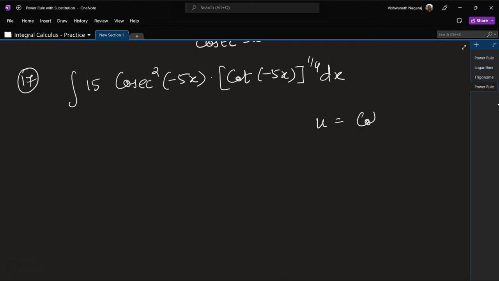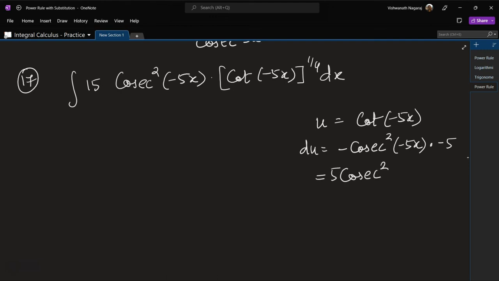So u will be cot minus 5x. If we differentiate it, we get minus cosec square minus 5x, and then we have to differentiate minus 5x, so minus 5. So this becomes 5 cosec square minus 5x dx.